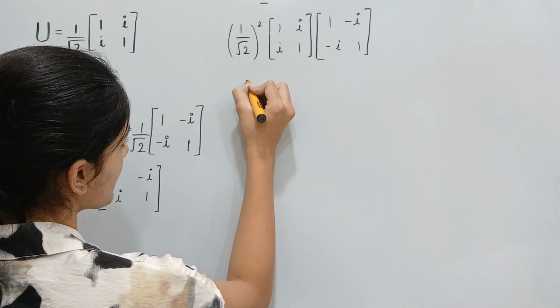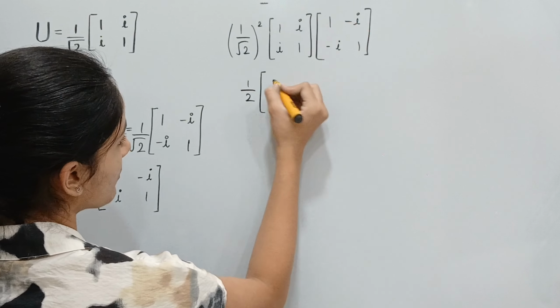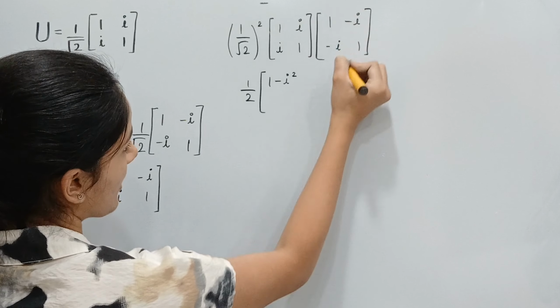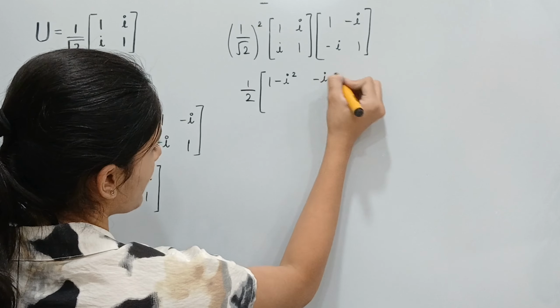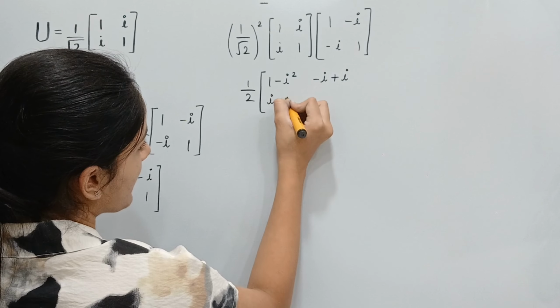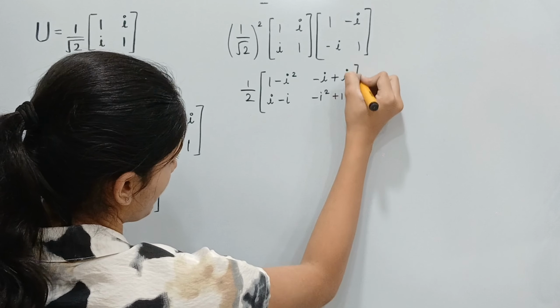So 1 by root 2 square is equal to 1 by 2. 1 into 1, 1 minus I square. Now we have to multiply this. Minus I plus I, minus I and minus I square plus 1.